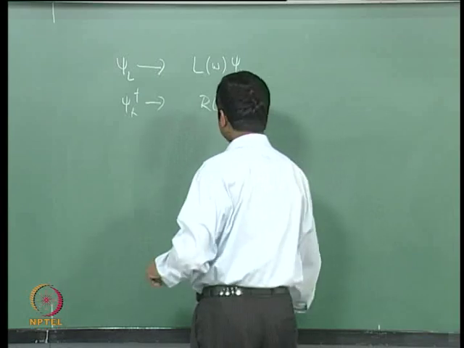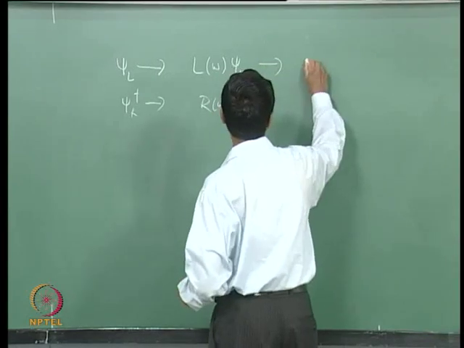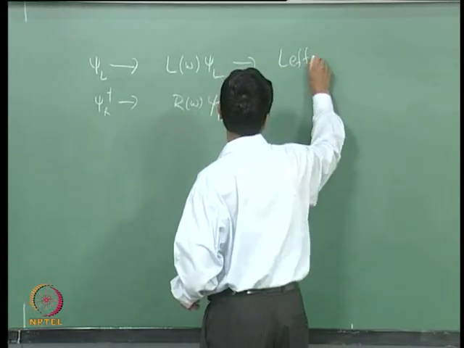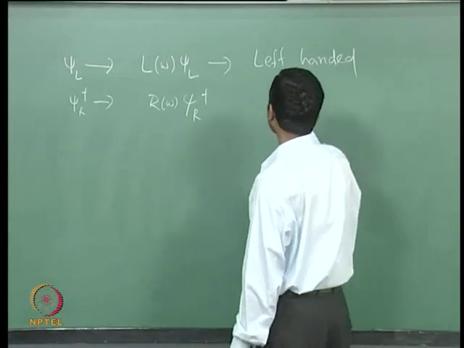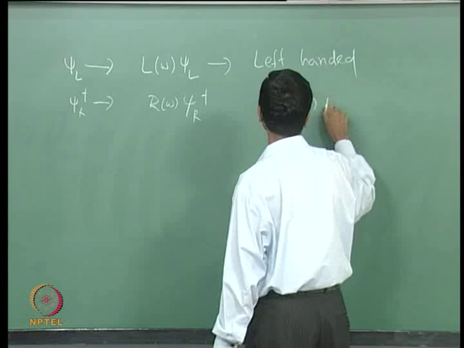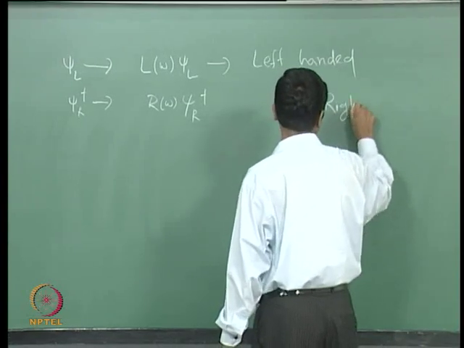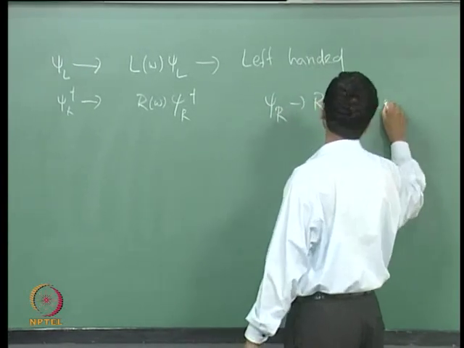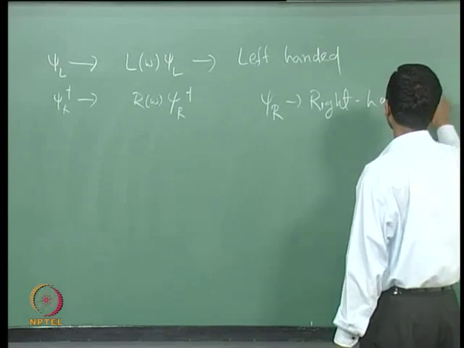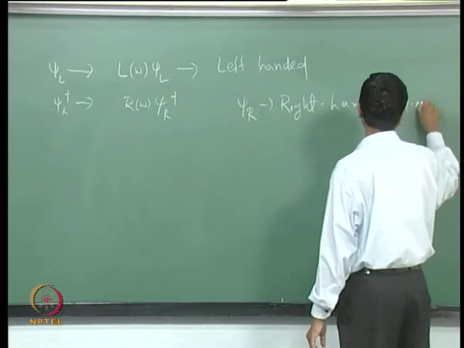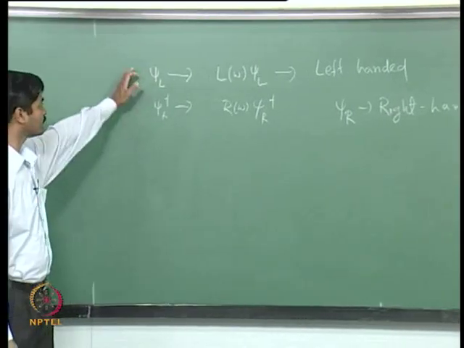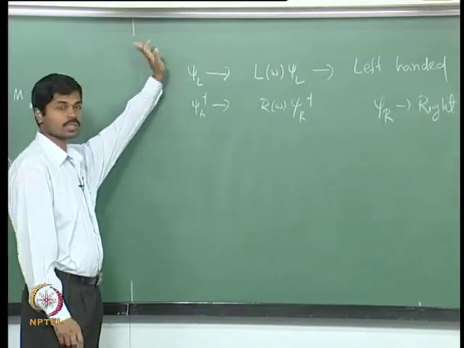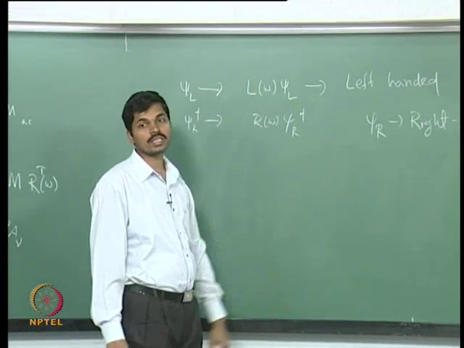This is known as the left-handed spinor, and psi R is the right handed spinor. Or in other words, yes, indeed there exist fields which under Lorentz transformation transform in these manners.